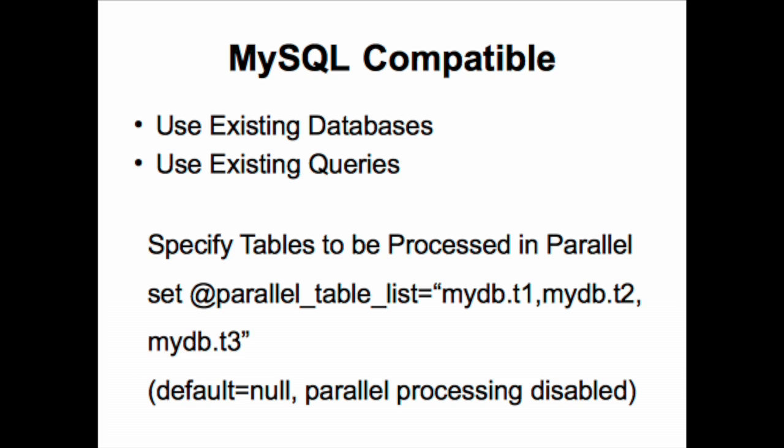These are the tables that I want to be processed in parallel. So you just specify that, and that's all you have to do. The default is no string, so it's obviously processed the same way. And that's it. If a table is not in the list, then it won't get processed in parallel.